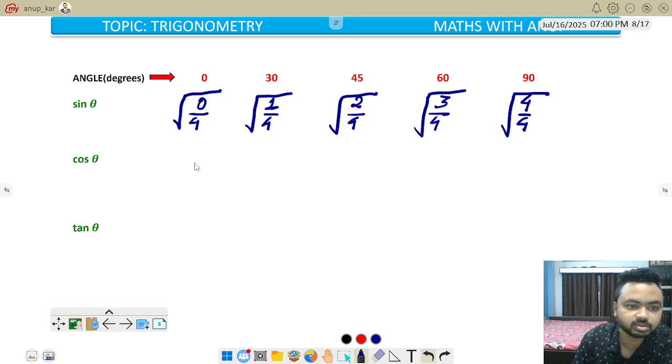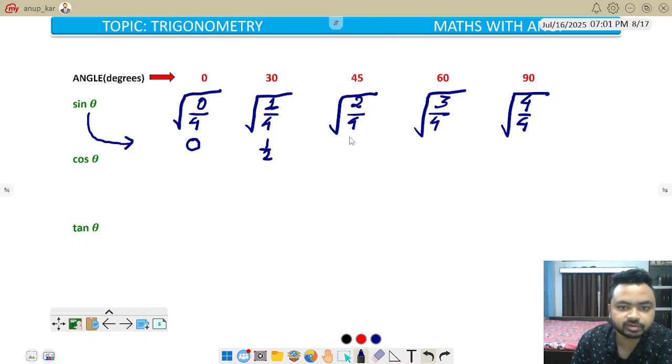I'm explaining it. What values will we get? Here for sin theta we will be getting 0 by 4, which is of course 0 at 0 degree. At 30 degree, 1 by root 4 is nothing but 1 by 2. 2 by 4 is 1 by 2, so it will be 1 by root 2. And here it will be root 3 by 2 at 60 degrees.